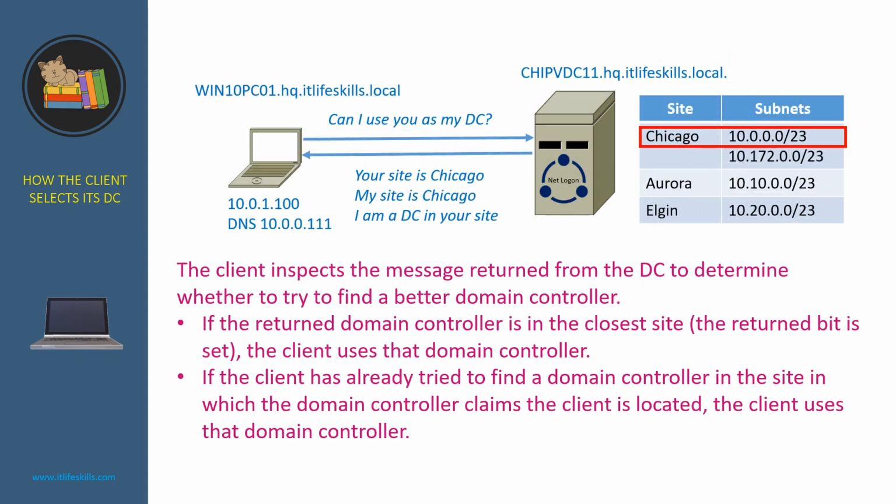Finally, the client receives the message from SHIP-PVDC11. It informs the client that the client is in Chicago site and it is also in Chicago site, and it is a domain controller in the client site. So in this case, SHIP-PVDC11 is in the closest site, so the client uses SHIP-PVDC11.